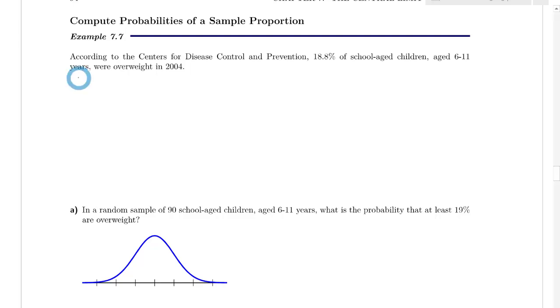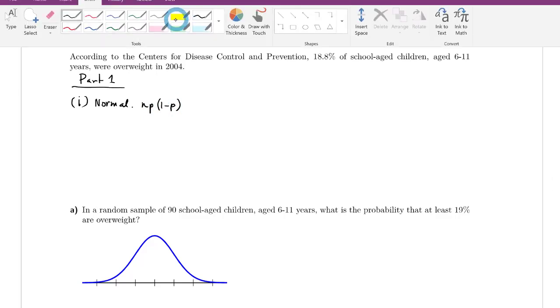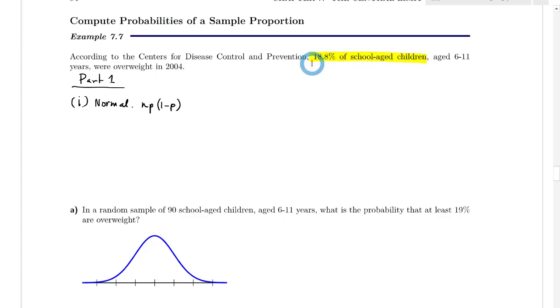So let's go ahead and do part 1. Part 1 is making sure that our distribution is normal. So we need to calculate np times 1 minus p. We do know that the proportion of school-aged children that are overweight is 18.8%.